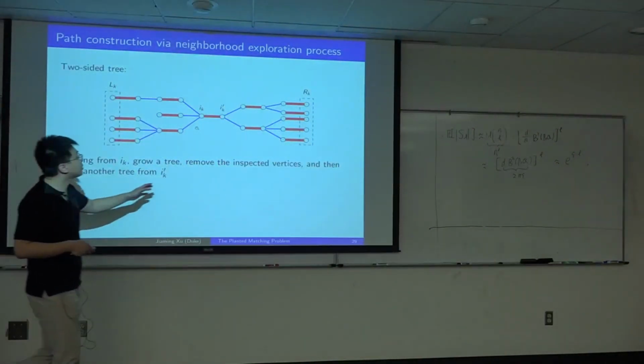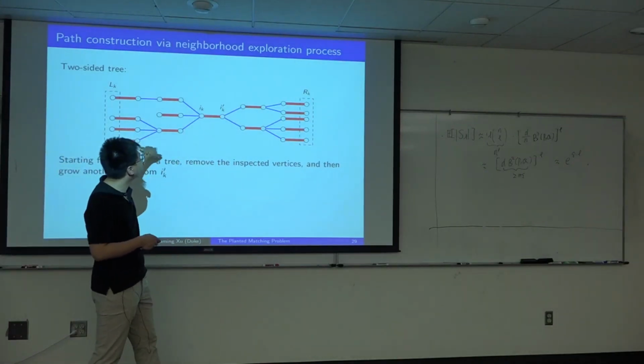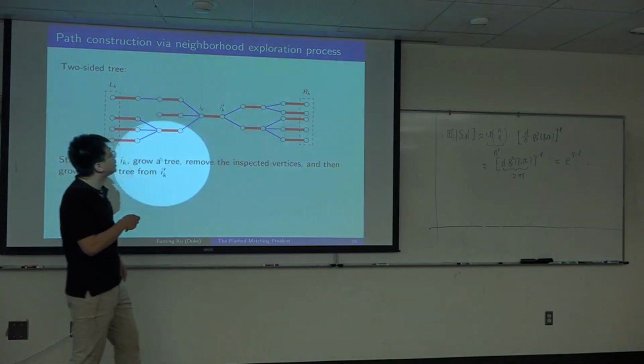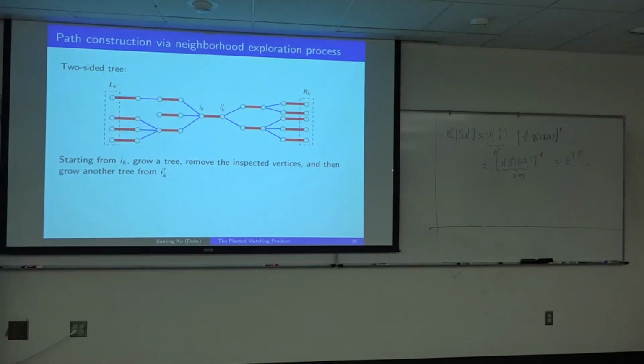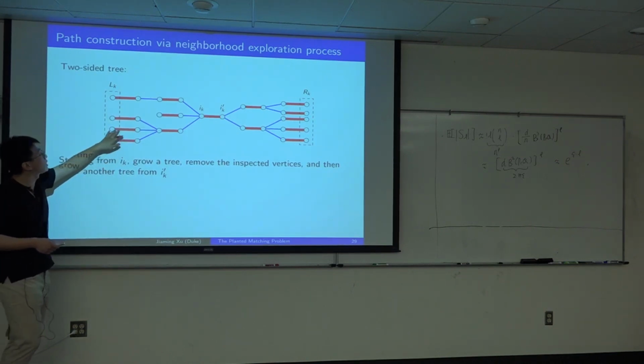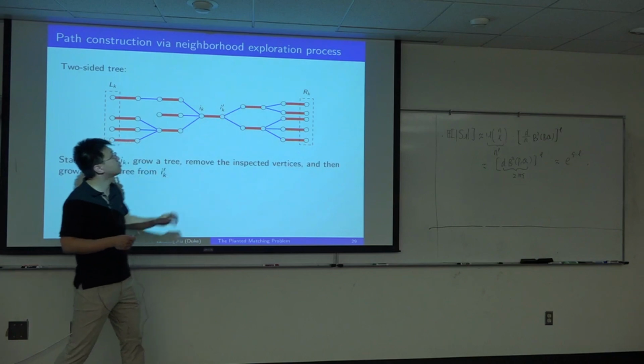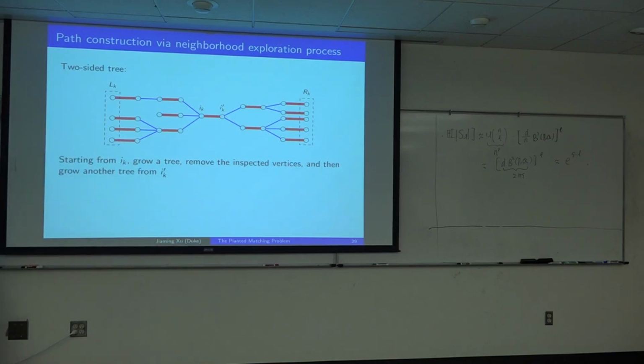Then we remove the inspected vertices and grow a right tree on the right-hand side. This is the LK and the RK that I showed you earlier. You can see that every node in LK will be connected to every node in RK through an augmenting alternating path.